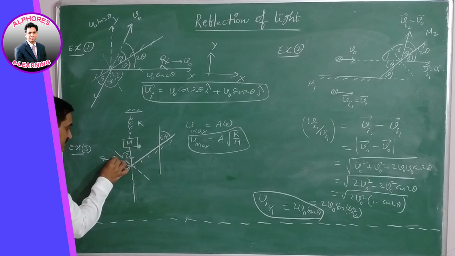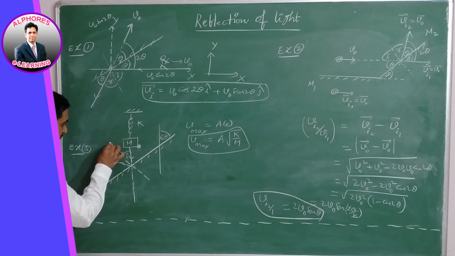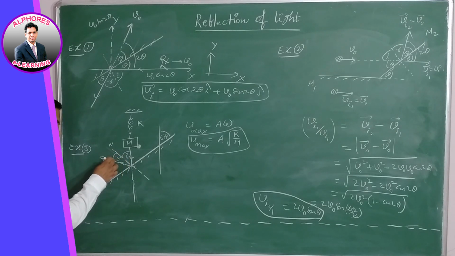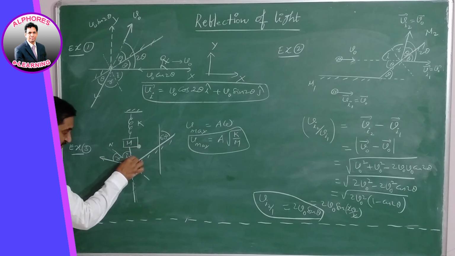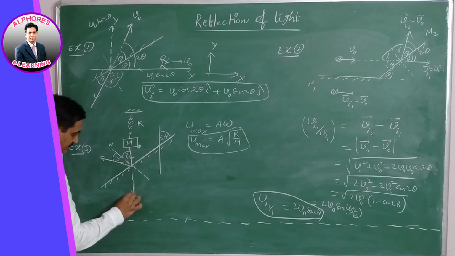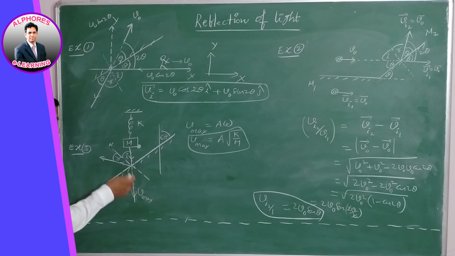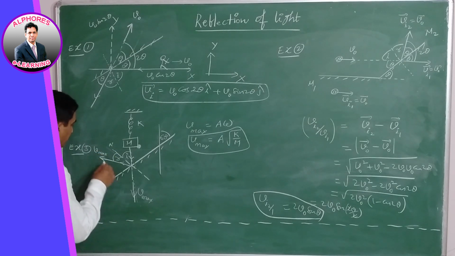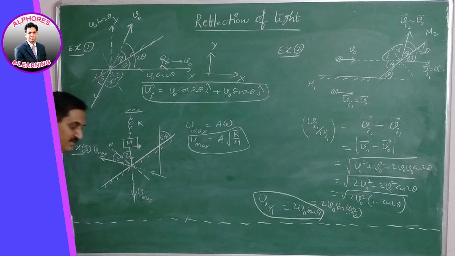Clear? This is the normal, the angle of incidence, and the angle of reflection. Suppose it is oscillating with maximum speed Vmax in this direction. With the same speed it is reflecting, so we imagine Vmax here. The reflected ray's corresponding image is shown over here.